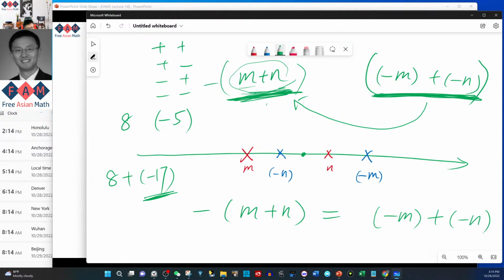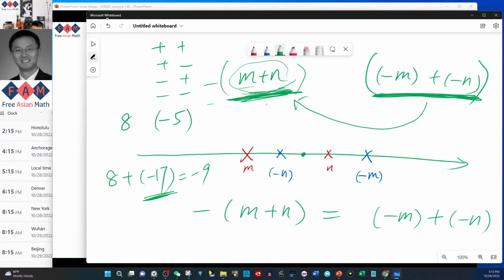So when you add such a far away point on the left hand side of 0, you bring the total down. The net or the total is actually a negative number. 8 plus negative 17 equals negative 9.